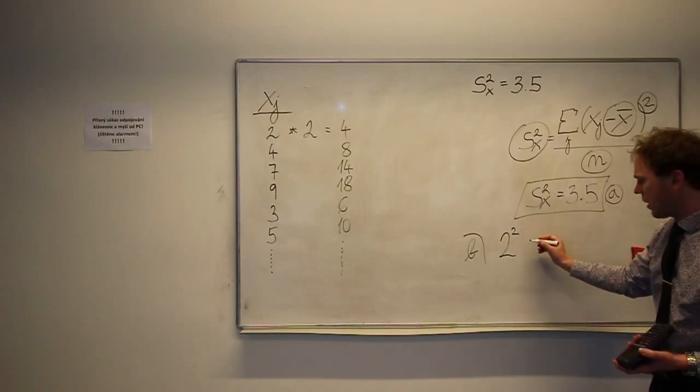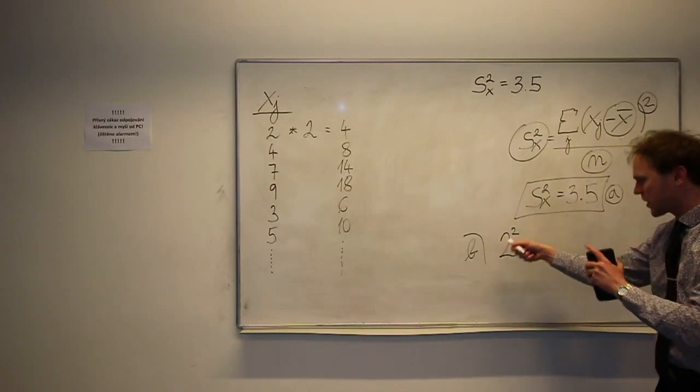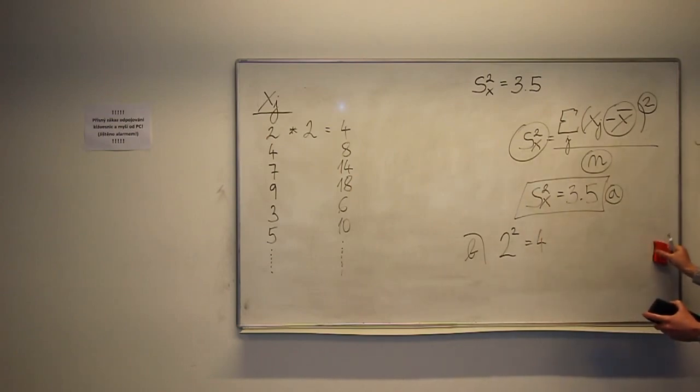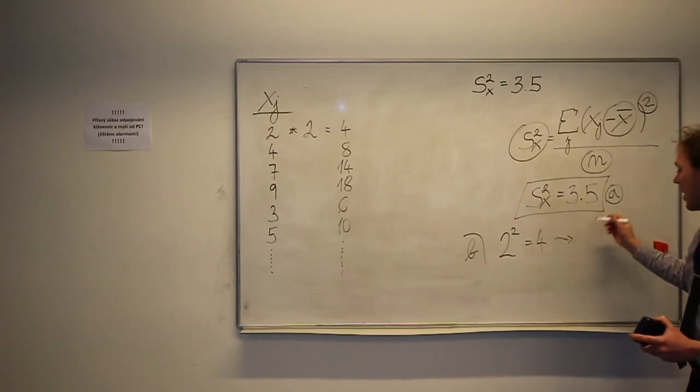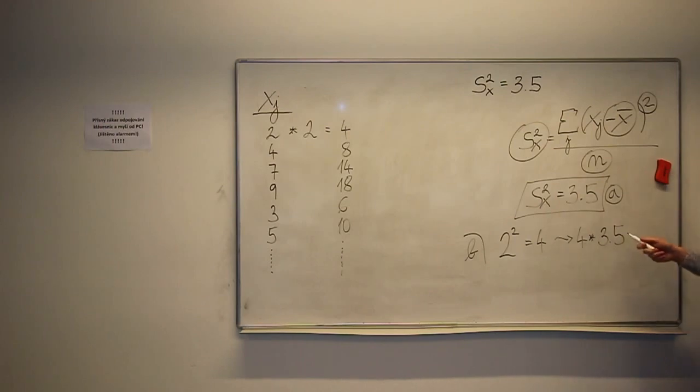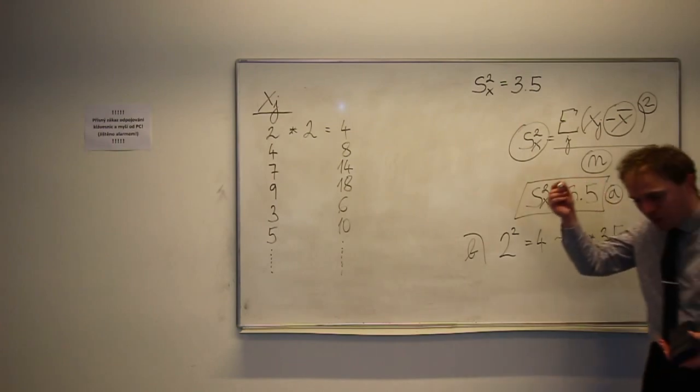So 2 squared is equal to 4. The new variance will be 4 times 3.5, which is 14. So the variance will be 14. So this is response B.